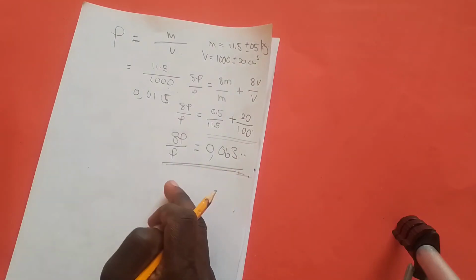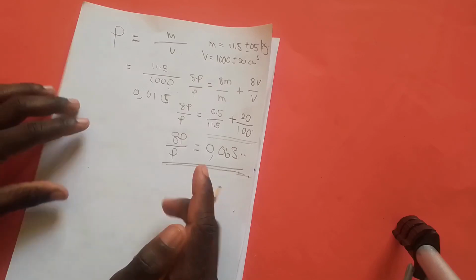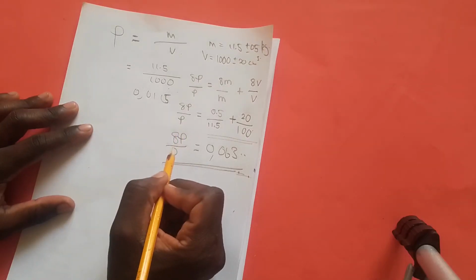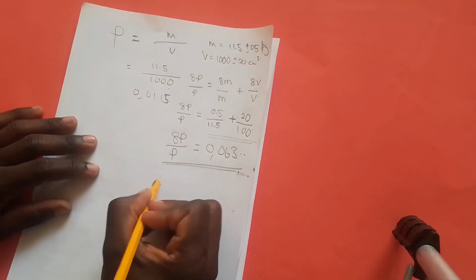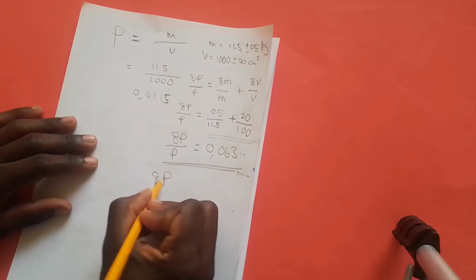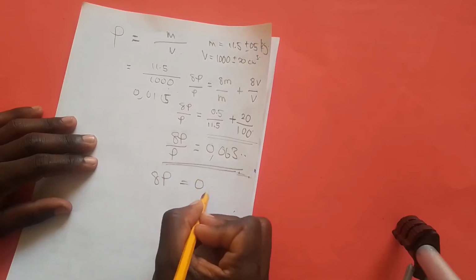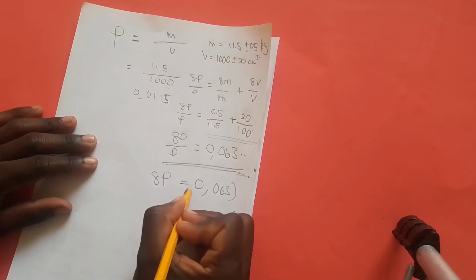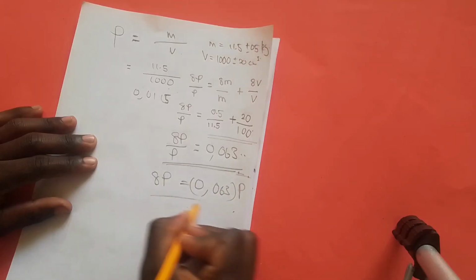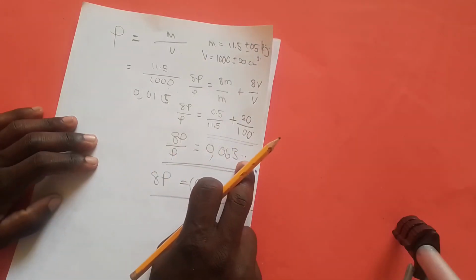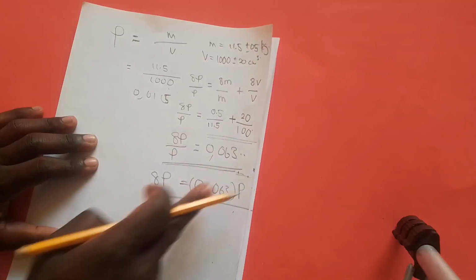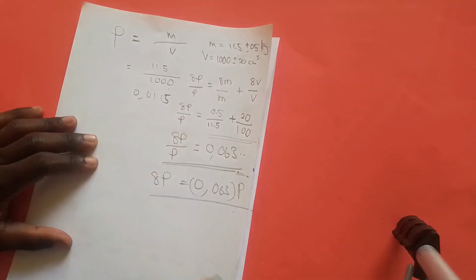Now we need to calculate the absolute error in rho. The absolute error in rho will be equal to 0.063 times rho. We've just made the absolute error in rho the subject of the formula.